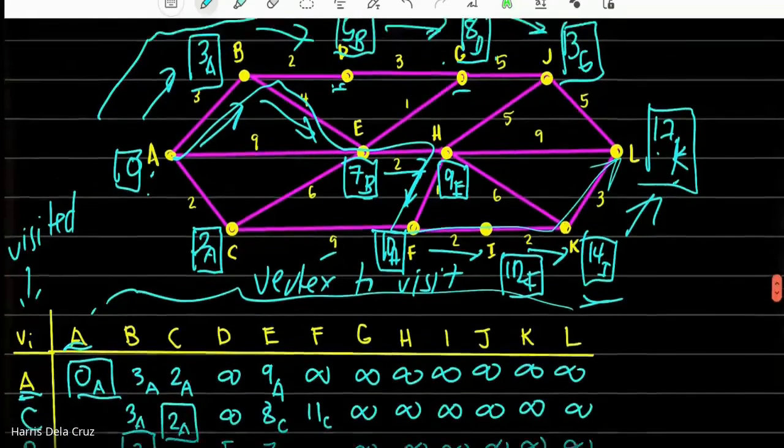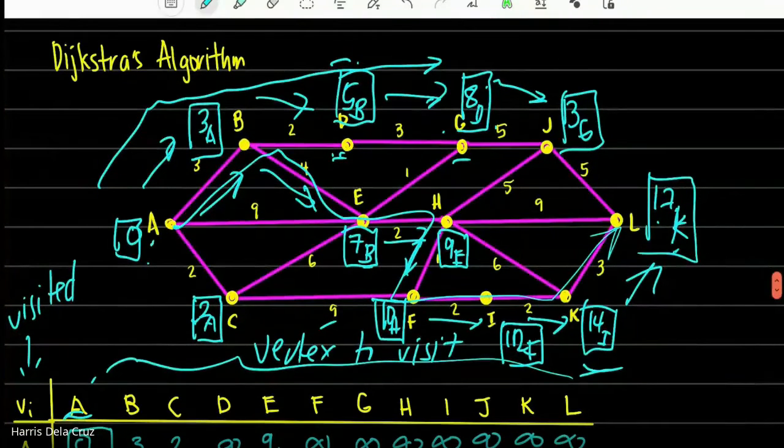Now, sir, what if I want to compute the shortest path from B to F? So, hindi mo pwedeng gamitin yung ginamit mo kay A because it requires now a different algorithm. Why? Kasi ang starting point mo na B. So, kung ang tanong mo is from B to any of the vertices, mag-start ka ulit ng Dijkstra. Magda-Dijkstra ulit, this time from B naman.